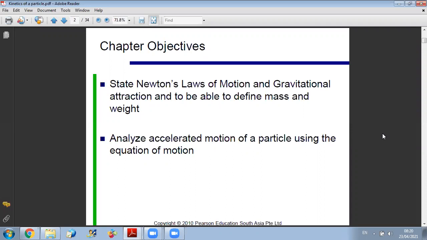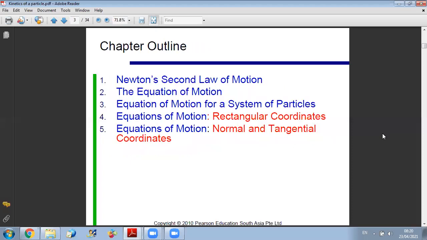Well, okay. So in this chapter, we will deal with kinetics of particles, which means that you will relate forces to motion, to acceleration. And then from acceleration, we can relate to the velocity and position. So we will introduce Newton's second law of motion, and we will see how to apply it in different types of coordinate systems.